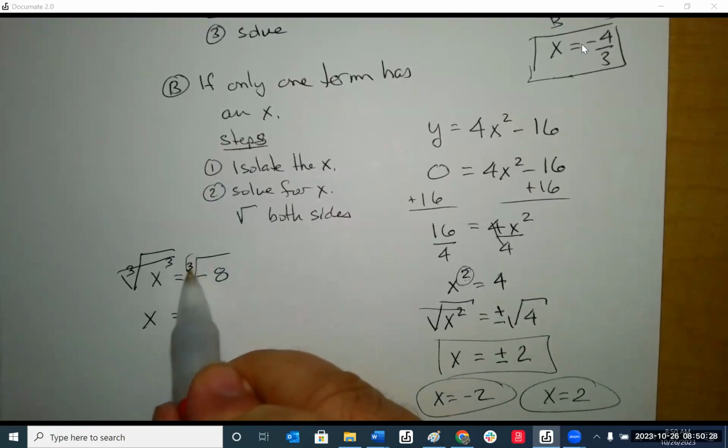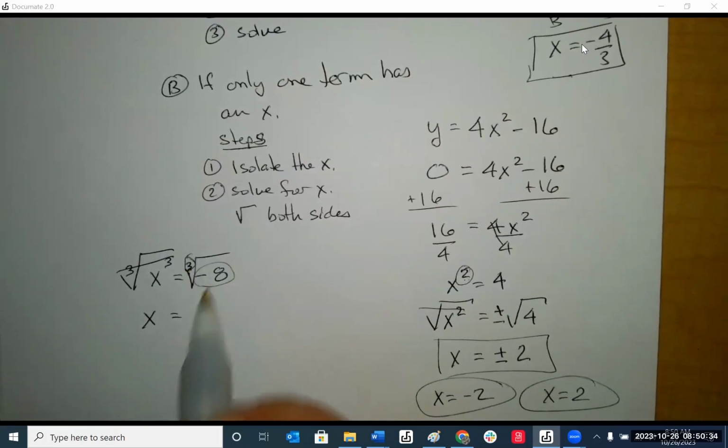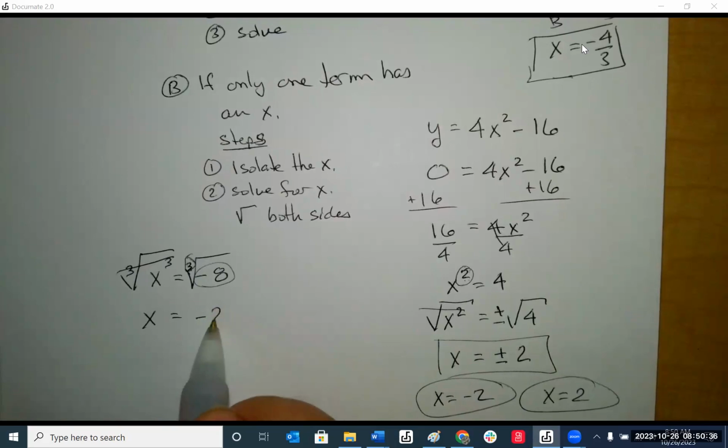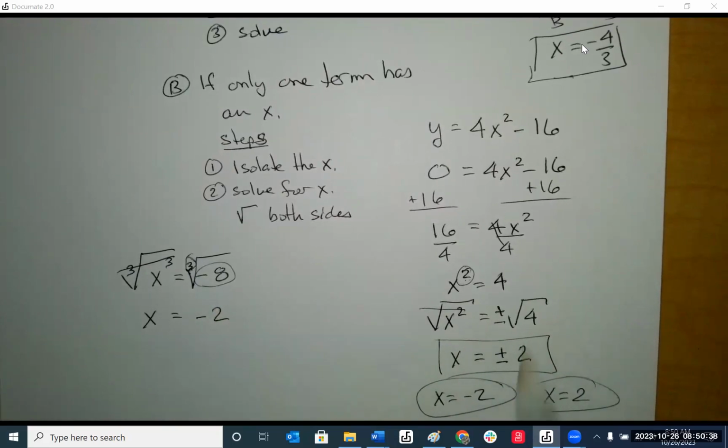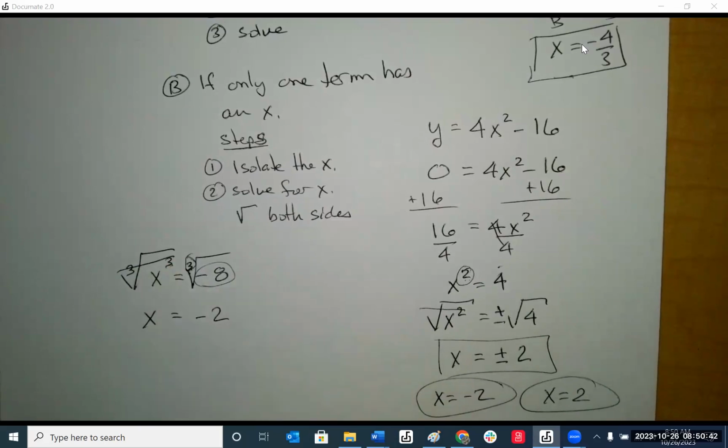Now, what number multiplied by itself 3 times equals negative 8? So if the degree is odd, then if it's positive, the answer is positive, and if it's negative, the answer is negative.